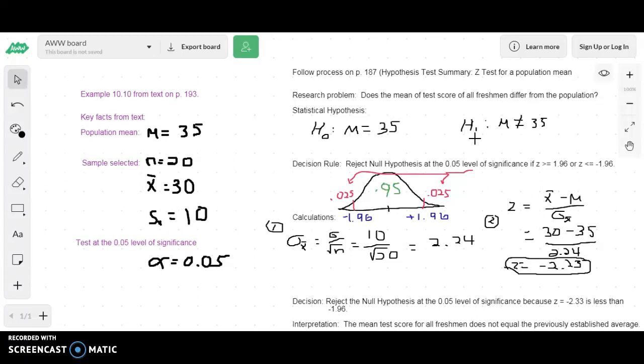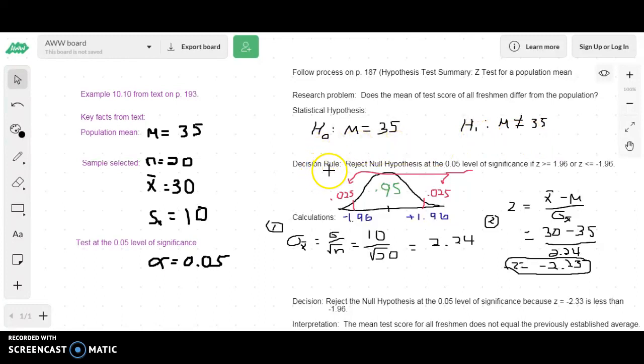Since our research question is, does the mean of the test scores of all current freshmen differ from the population, we establish an alternative hypothesis, H sub 1, that mu is not equal to 35. Again, our null hypothesis, coming from the previous year's population mean, is that mu is equal to 35, and our alternative hypothesis, which comes from the research question, is that the mean is not equal to 35.